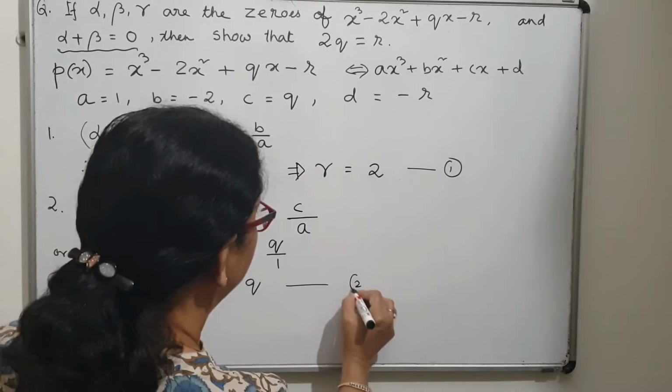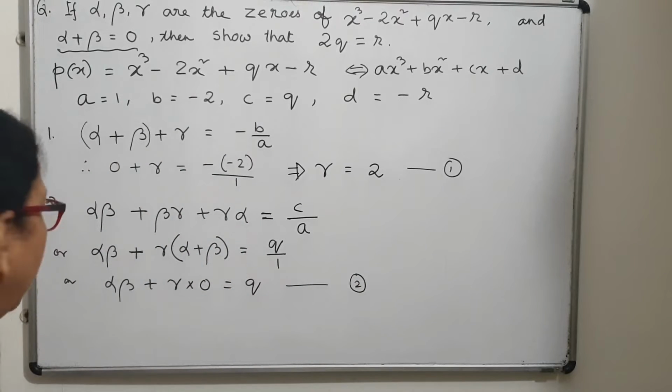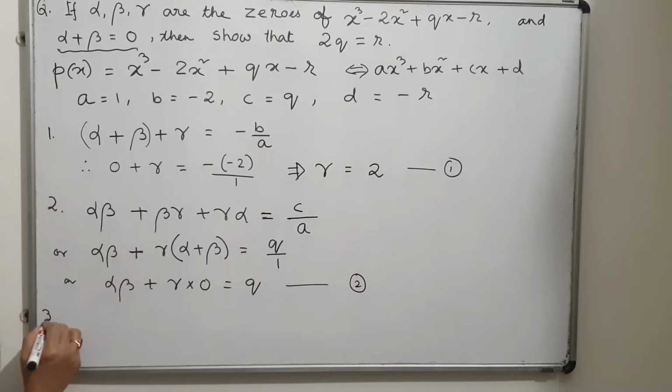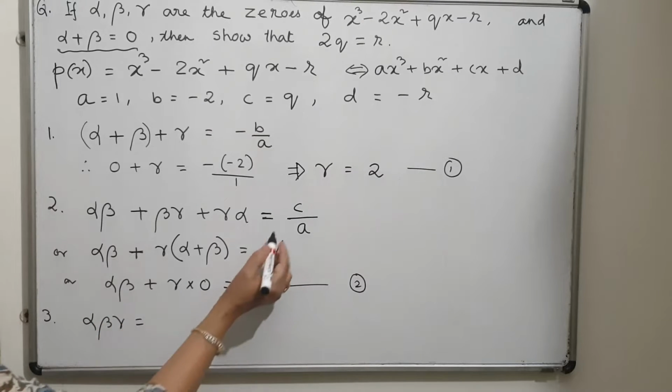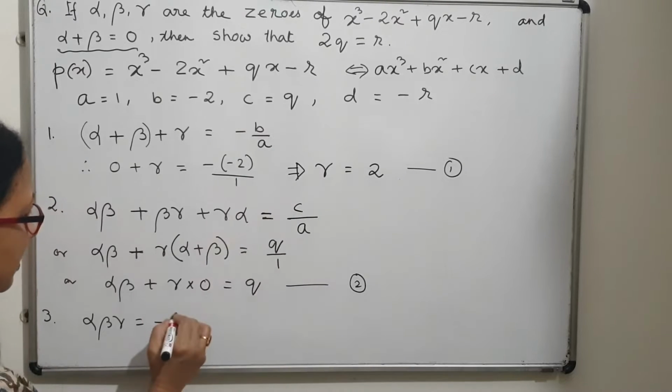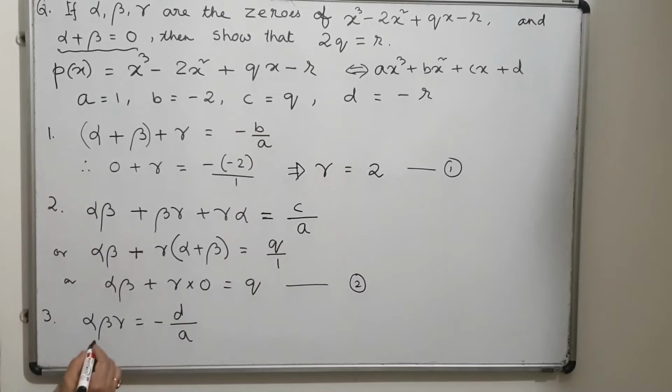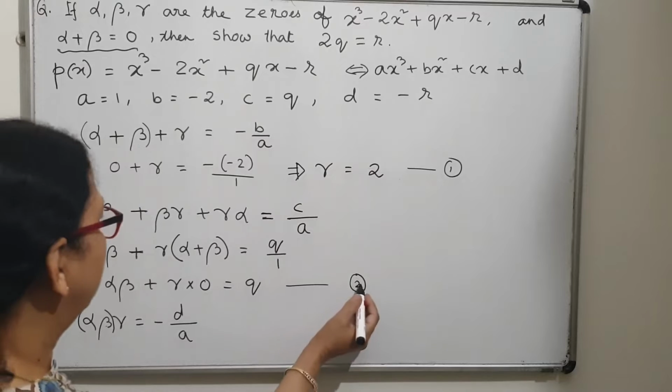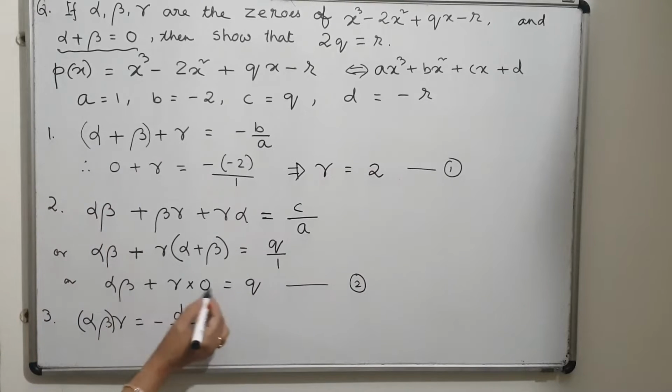Second equation. Now the third relationship, product of all the zeros. It was plus, so it will be minus, the denominator is always a, the numerator c, then d. So you see, I know this value, alpha beta is what? From equation 2 it is q.